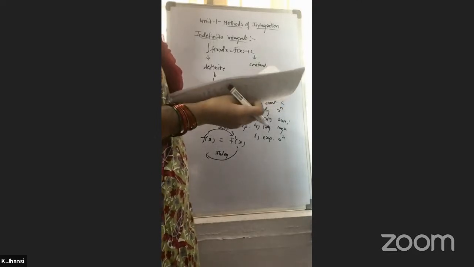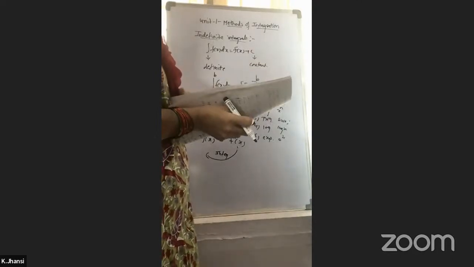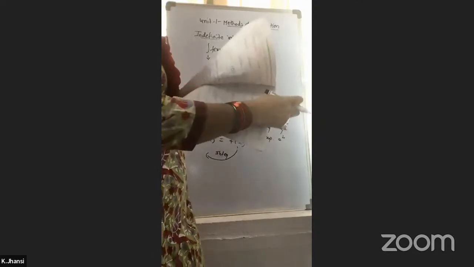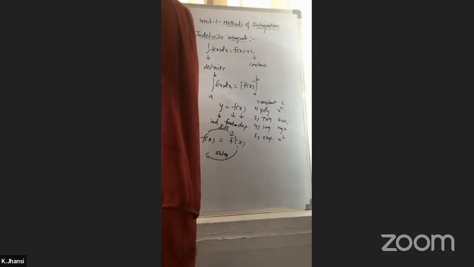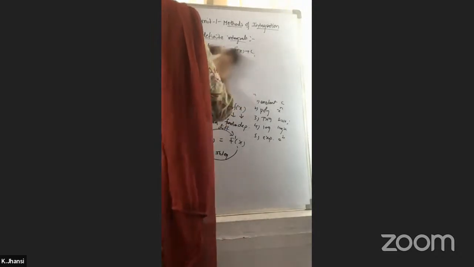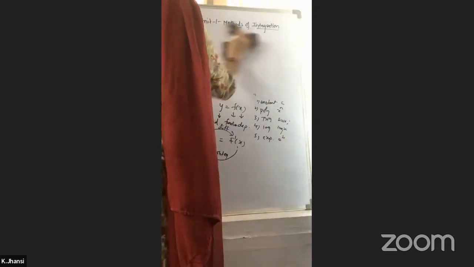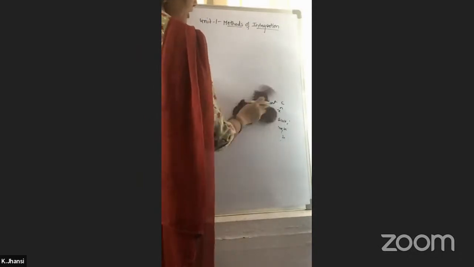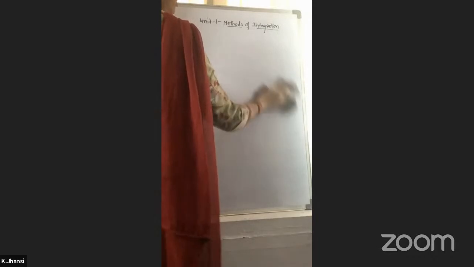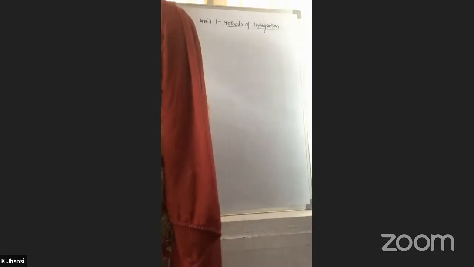And next we have the properties of integration. These two are somewhat similar to differentiation. Only 2 properties are there. That is, if 2 functions are given, with addition or subtraction in between them, you have to separate those 2 functions and then find the integration.